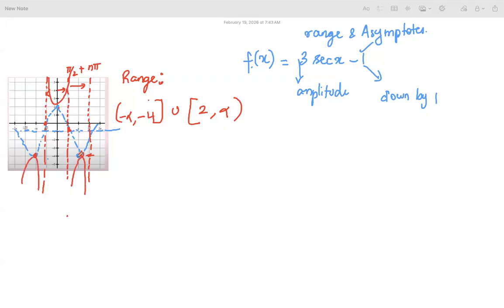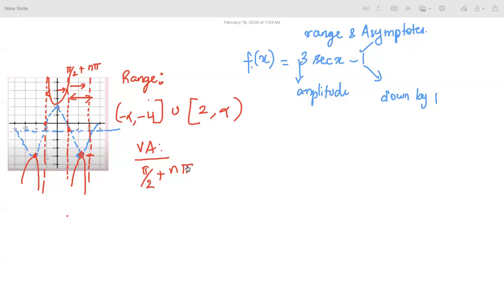The thick red lines are my graph. However, when I want to write the vertical asymptotes, the first one is from 0, and then the width between these is n pi. Make sense?